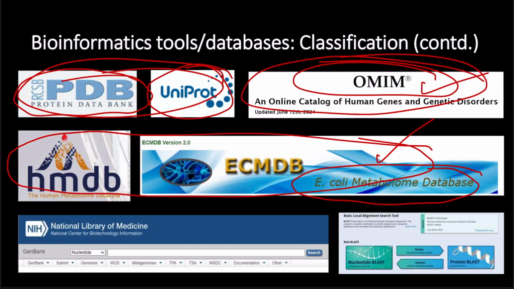In this we have examples like GenBank, then we have BLAST, that is Basic Local Alignment Search Tool. In case of GenBank we are looking into the nucleotide sequence, and in case of BLAST, we can look for proteins and also for nucleotides. So these two are examples of sequence database. We will be discussing each of these in the upcoming slides.